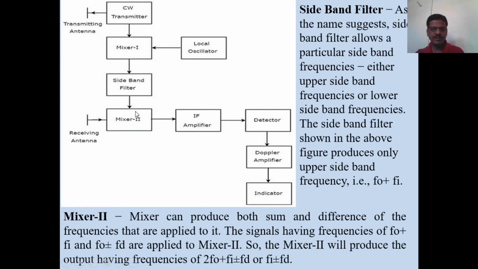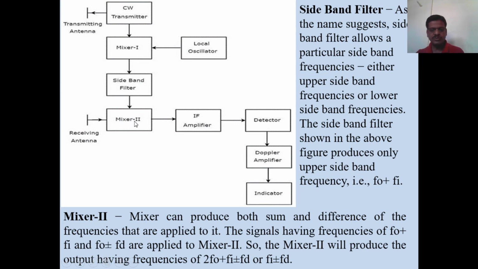This mixer has two inputs, one from the sideband filter and another from the receiving antenna. This mixer can produce both sum and difference of the two frequencies, that is FO plus Fi and FO plus Fi plus or minus FD, which is applied to the mixer 2.